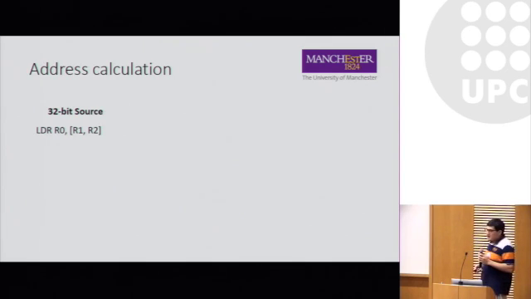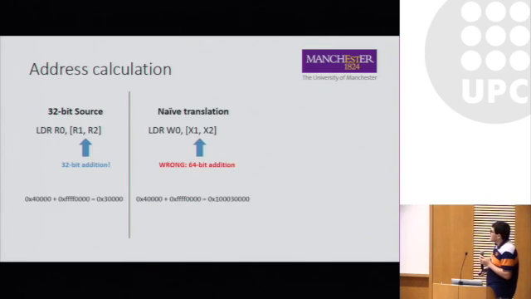Now, a naive translation would be to translate it into this 64-bit instruction, which says load a 32-bit value into W0 from address X1 plus X2. Now, the problem here is that the address calculation here is done using a 64-bit addition. If this addition overflows, we will be accessing the wrong memory address.